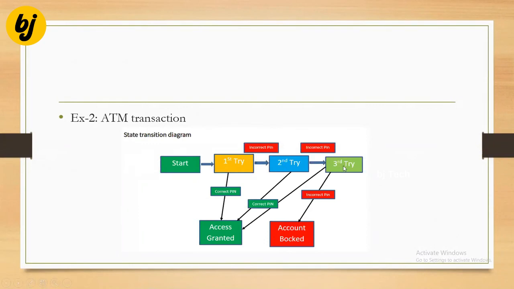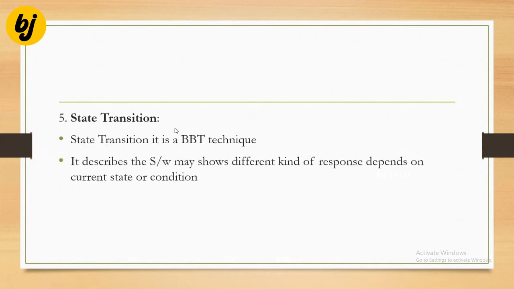But the third time you give an incorrect PIN, it gives the error message and generally your ATM will eat your card. That means for the same transaction, in different states, how the application behaves we have to test. That is what we call state transition testing. It describes that software may show a different kind of response depending on the current state or condition. This we call state transition coverage.